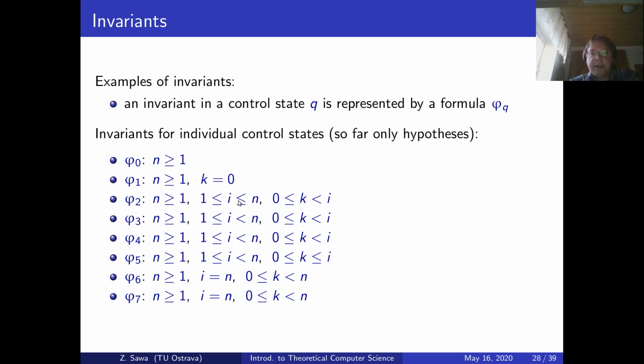But if we assume that i is less or equal to n, and at the same time that i is greater or equal to n, from this we can derive that i is equal to n.